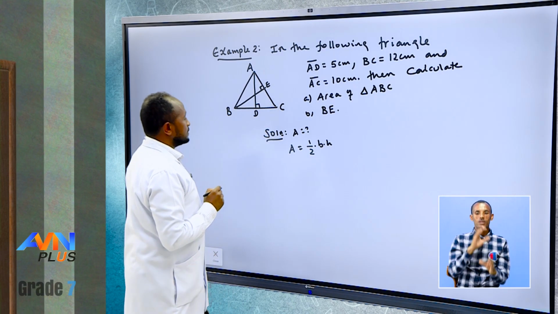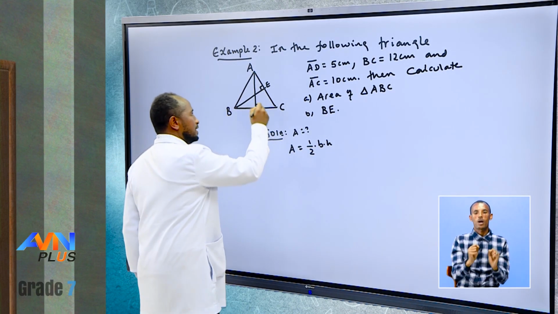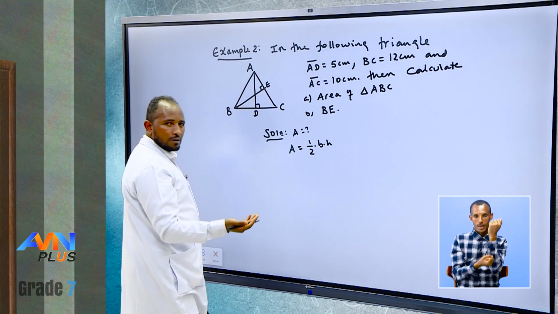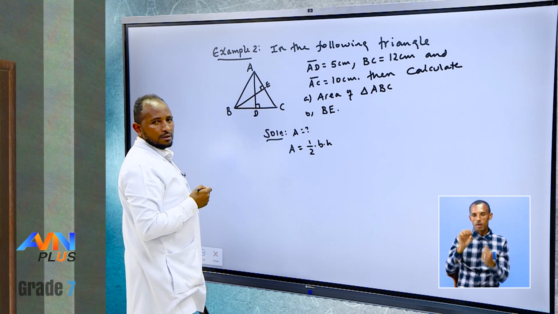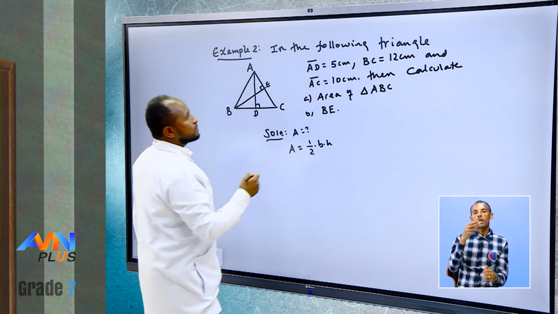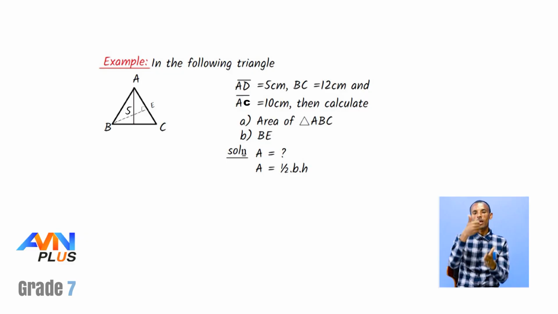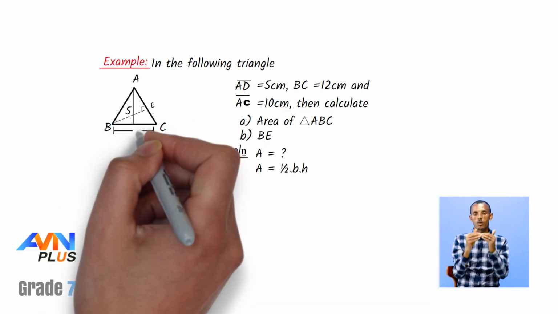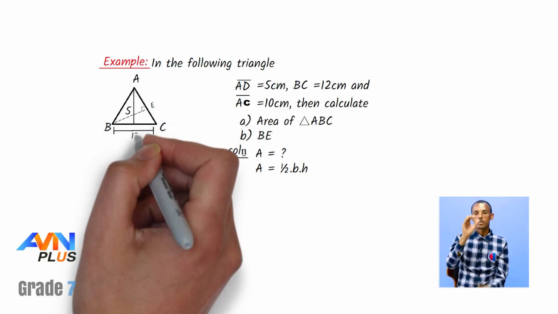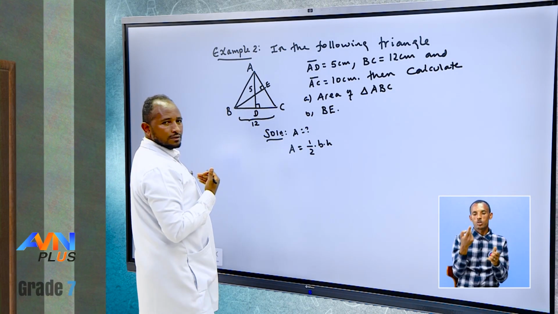To calculate this area, you can use this base and height, or you can use this base and this height BE. So first let's put the numbers here. AD, this distance, is 5, given. BC, this length is given, it is how much? BC is 12. So to calculate the area, I can use this base and height.